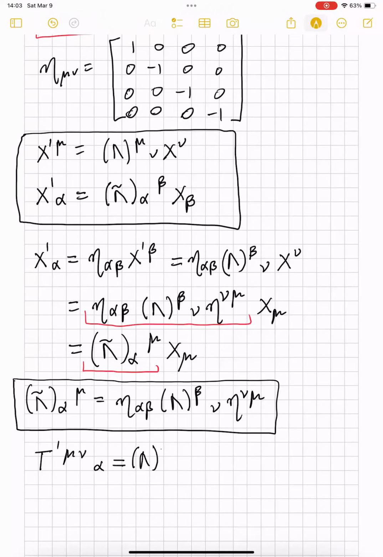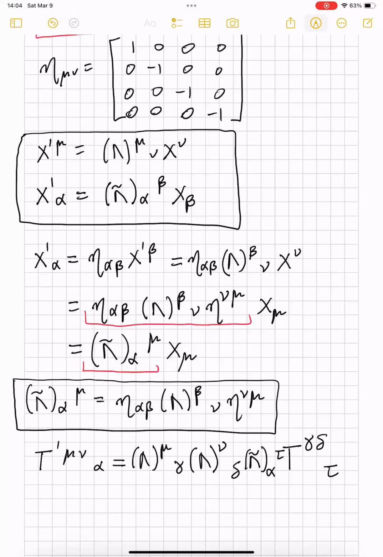For each contravariant index, I will have lambda transforming the index. So I've transformed the two contravariant indices, and then I still have the covariant index, which is transformed with lambda tilde, with alpha and tau. So this is how this rank 3 tensor would transform.